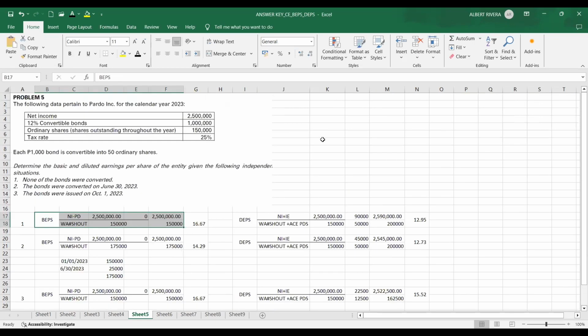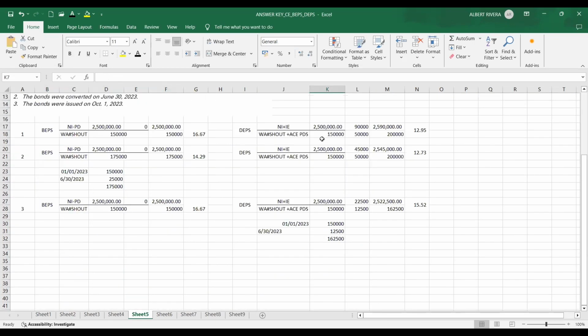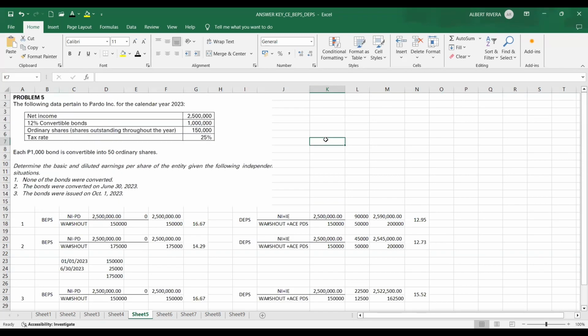Next, we have problem 5 here. Okay. Dito sa problem 5 class, this is not a diluted earnings per share. Again, diluted earnings per share will be considered nga. We can say that an EPS is diluted once napababa niya ang basic earnings per share.